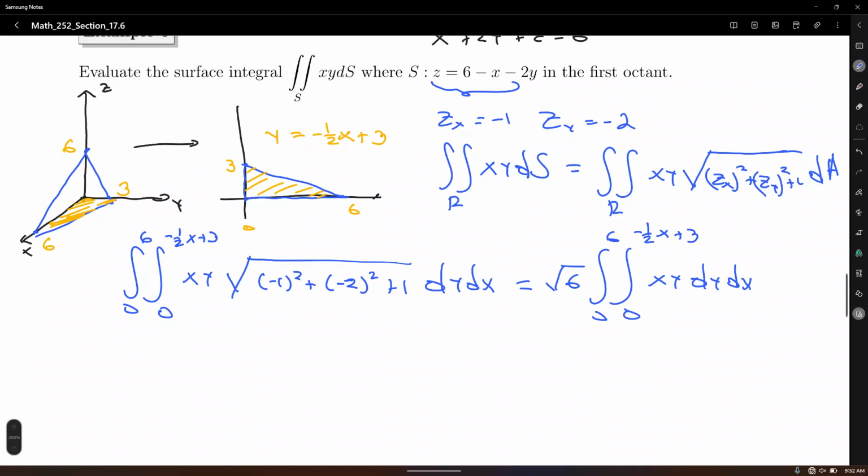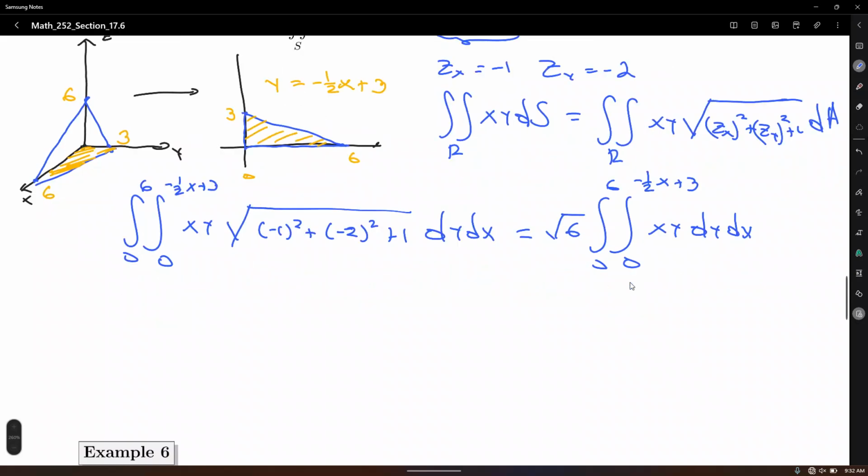The evaluating, come on, you're masters of integration at this point, right? I love the silence when I say this. It's delicious. Anyway, let me give you the result. That's 27 over 2 times the square root of 6.